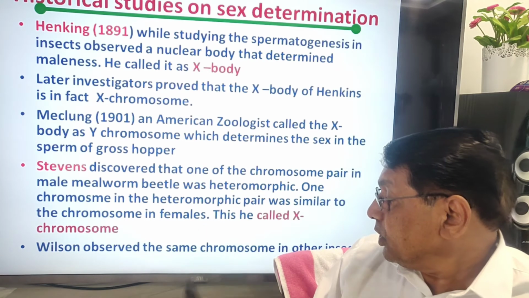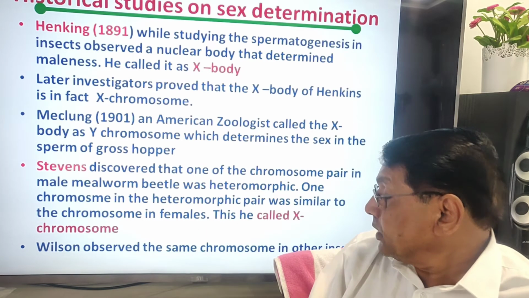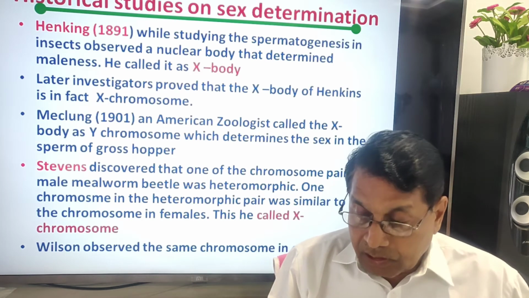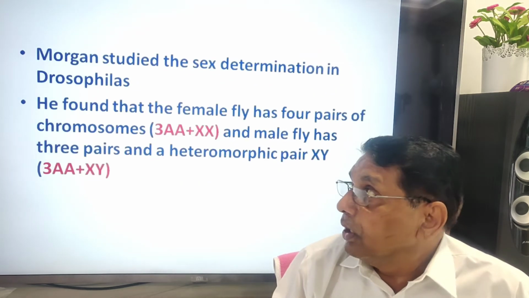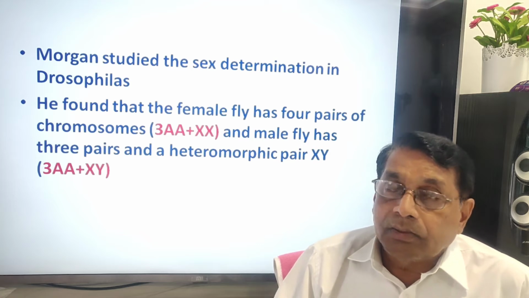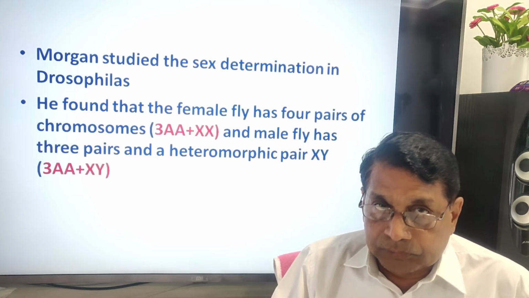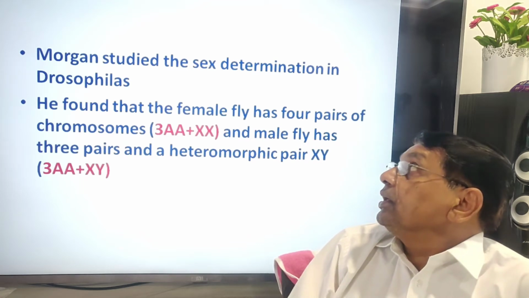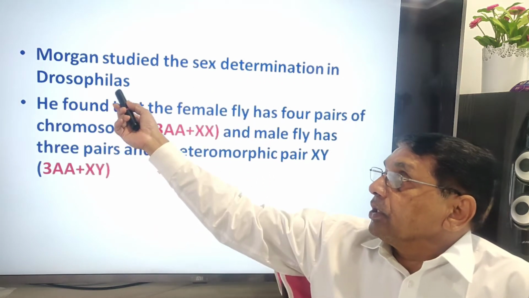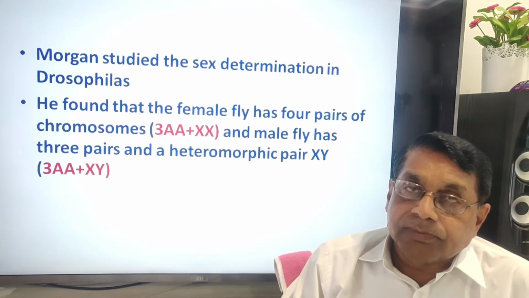Wilson observed the same chromosome in other insects, other organisms. T.H. Morgan, Thomas Hunt Morgan, studied sex determination in Drosophila insects.